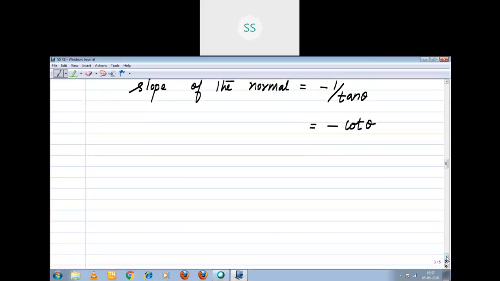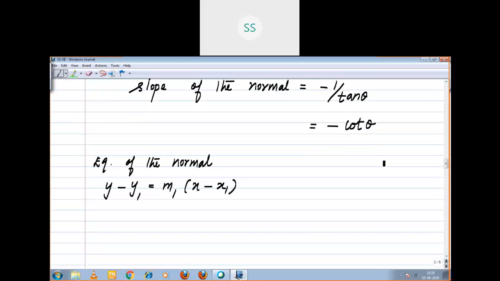Equation of the normal. Here your x1 and y1 are given as x and y. y minus y1 equals m1 into x minus x1, because I am going to use the slope of the normal.